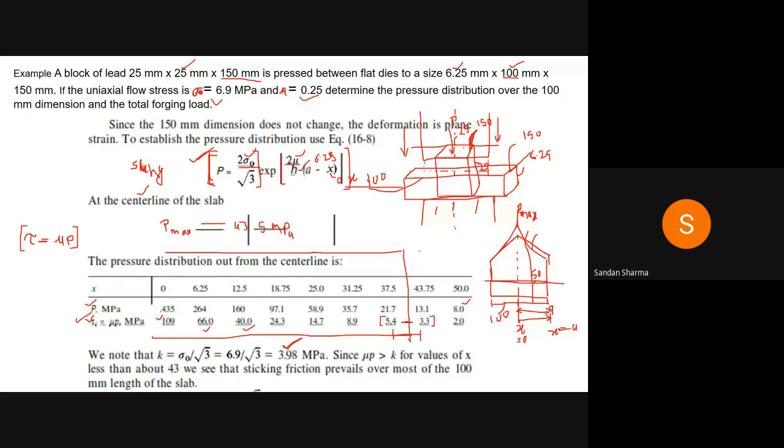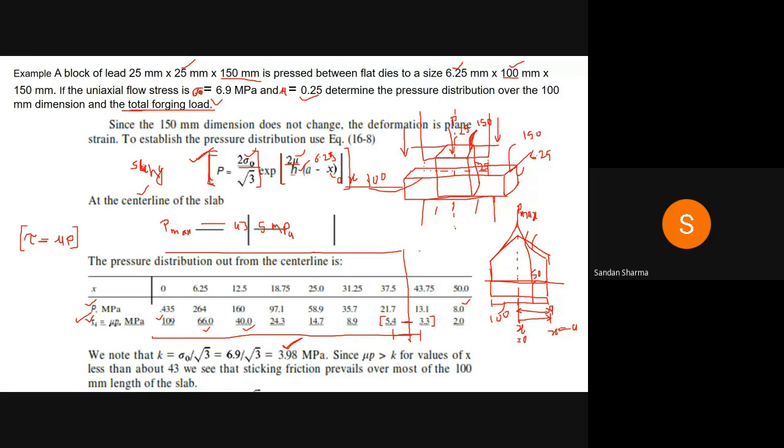Once you know most of the distance is covered in sticking friction condition, you can directly calculate the force required. Now you have to calculate the total forging load. So total forging load you can calculate directly using the equation for total sticking condition, not total sliding condition. This has been calculated, this has been shown just for this purpose only, okay.